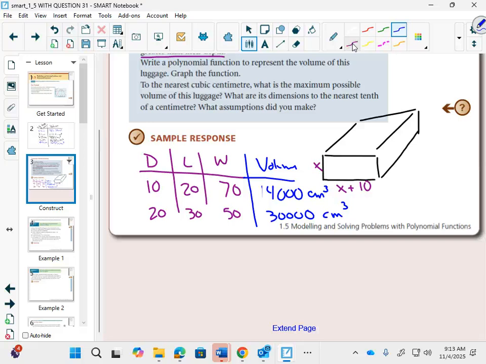Visualizing. Has anyone ever bought a piece of luggage where they have advertised the volume? Have you ever seen a piece of luggage where they've advertised? Like, if any of you decide that you want to travel after high school, sometimes you can buy travel backpacks and they will tell you the size.